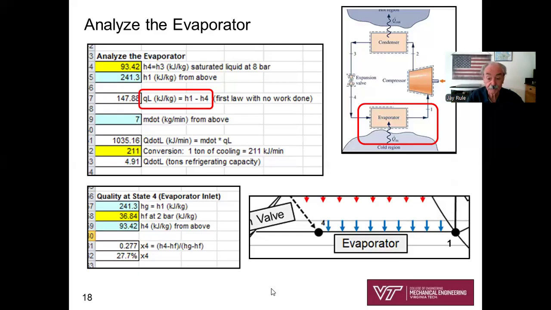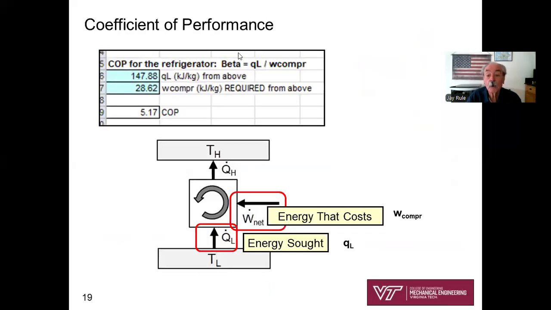So I've got some remarks. We finished the problem. Oh, no, coefficient of performance. We've still got to do that, don't we? Easy. Now that we've been through all the numerics of the problem, it's the energy sought, little w of the compressor, divided by the energy sought, q_L, the evaporator heat transfer, energy that costs, W dot over m dot, power required, work required, okay?